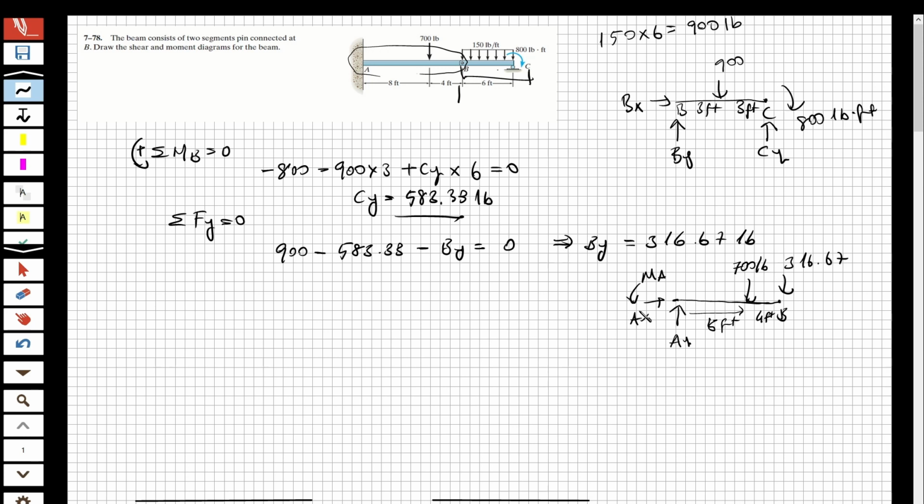Now I'm going to take the moment with respect to point A, and I'm going to obtain the Ma. So total moment at A equal to 0.